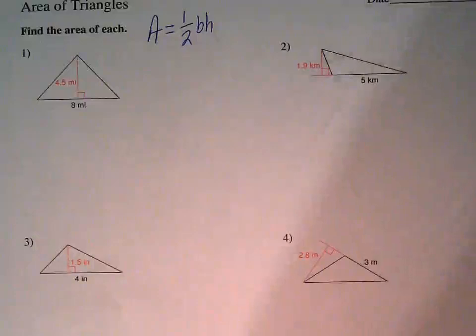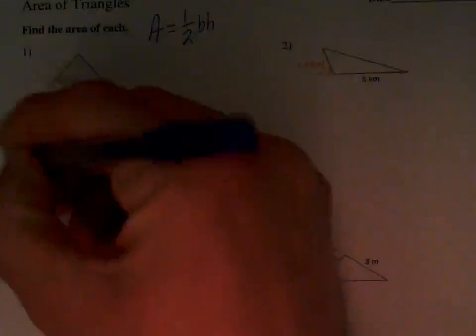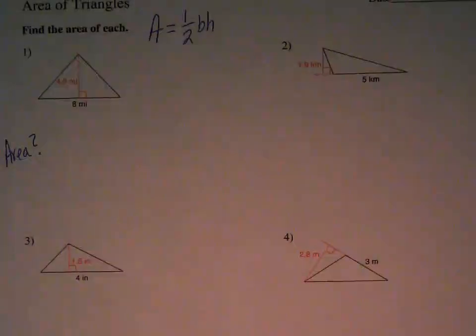We always start with our formula. So that's our formula for this. We're going to take a quick look at number one. If you see different things, you can label the parts, right? So if you look at this, we don't have an area, right? We're looking for the area. So the area right here is a question mark. We don't know what the area is, so it is a question mark.